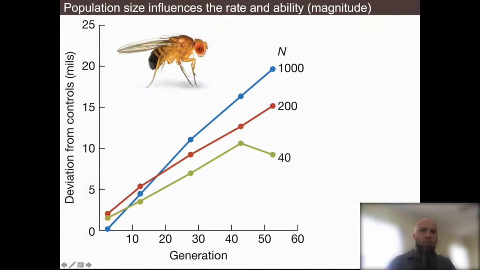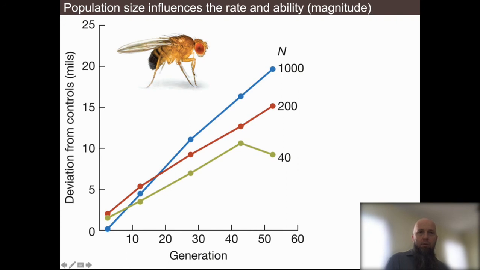Okay. Now, coming back to this influence of population size and the rate at which populations can evolve, here are 3 different fly populations in which selection was imposed for longer wings, okay?